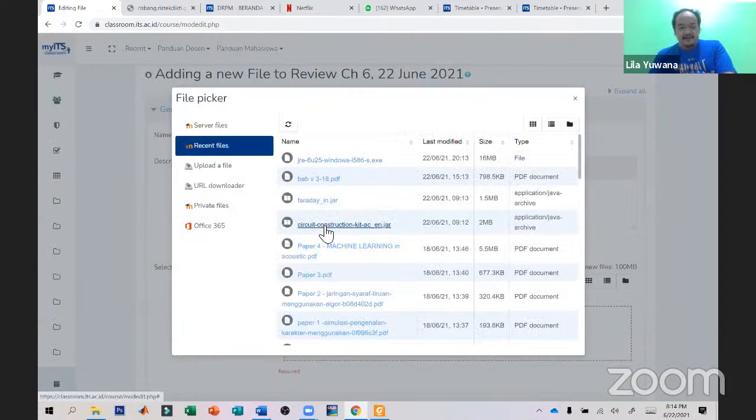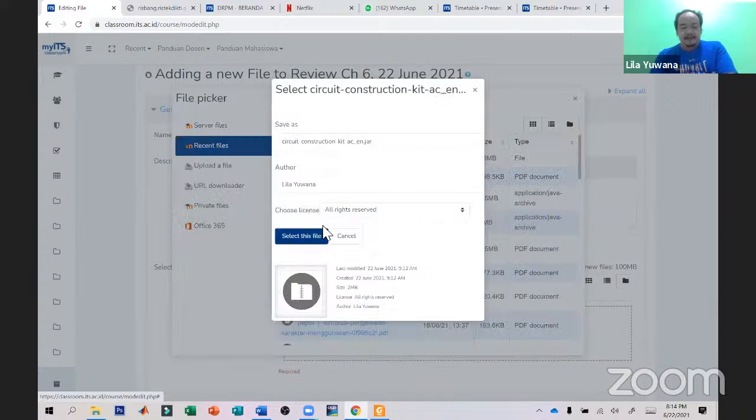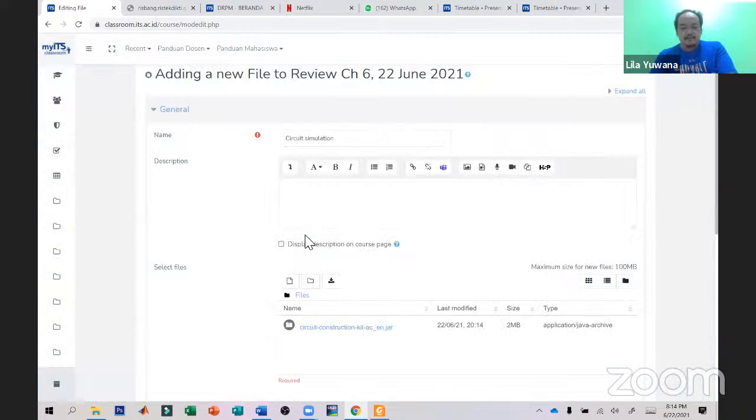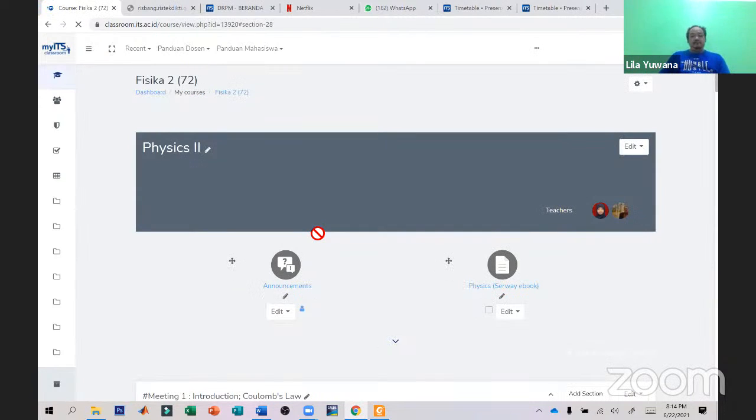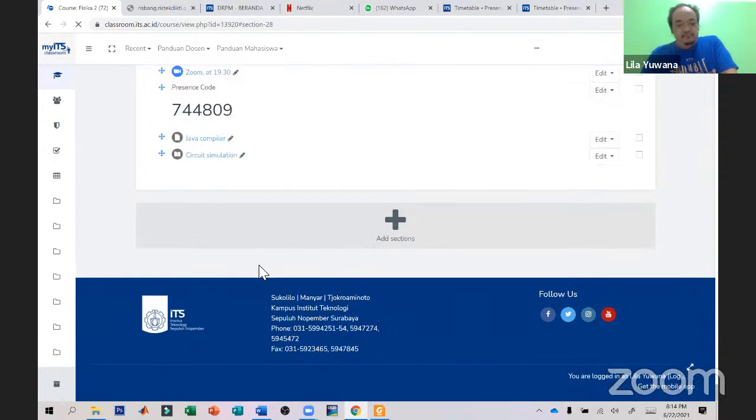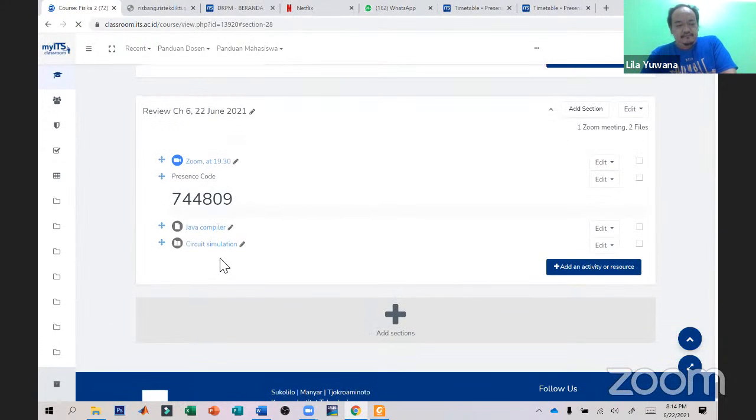This is the circuit construction kit. So if you want to try later, you just download these two files, and firstly you have to install the Java compiler.